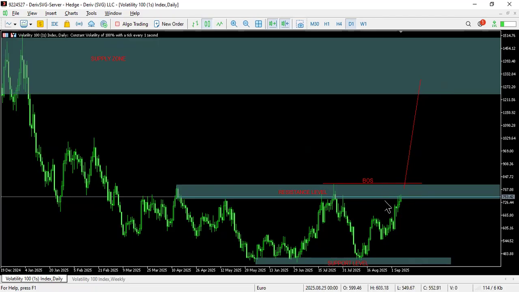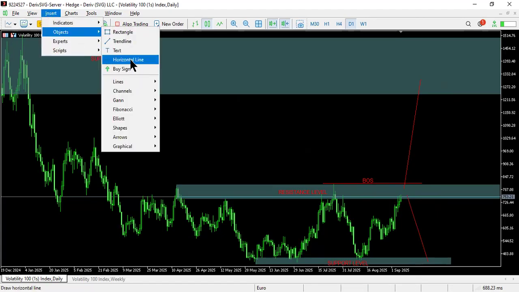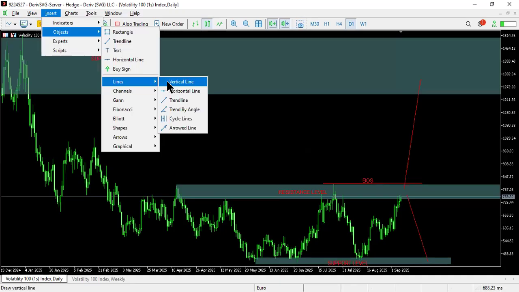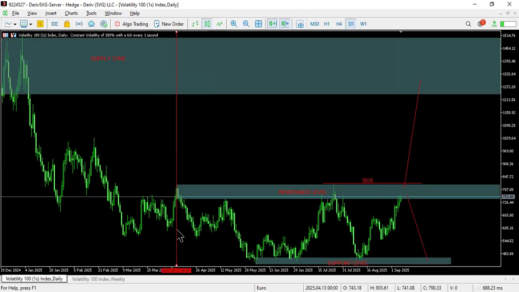However, if price does not break that resistance level, then we're going to look for a change of character at that resistance level, and then we'll continue selling, because as you can see, this is a level that has been holding since April, to now September.